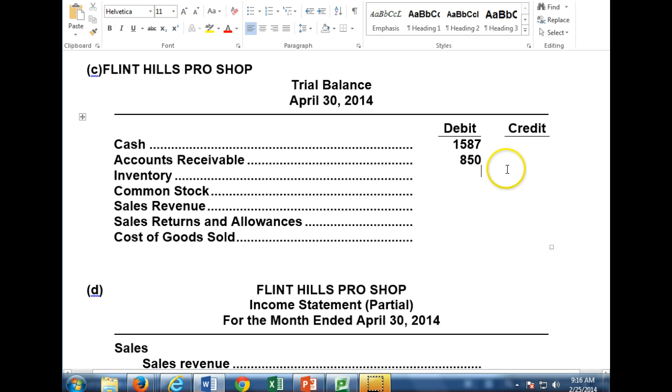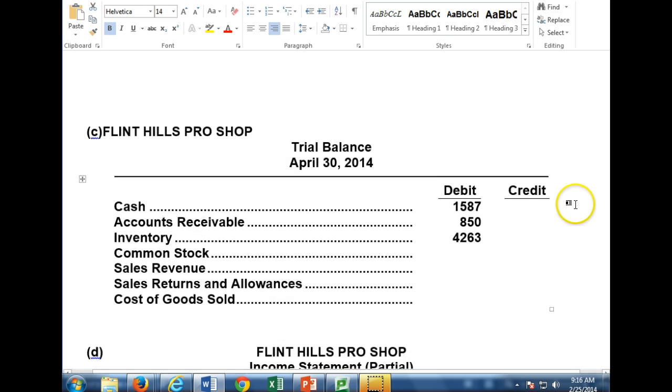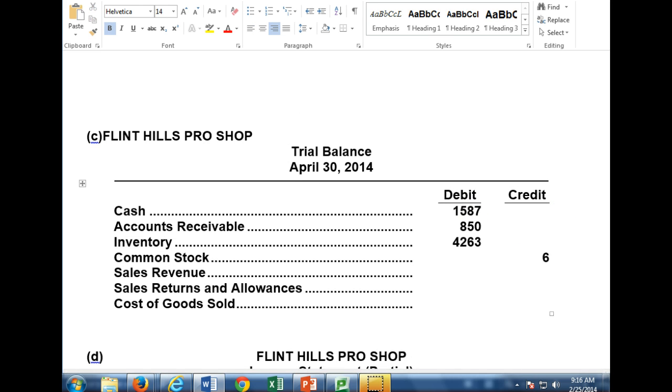Common stock is 6,000. Sales revenue? 2,150. Sales returns? A debit of 80.